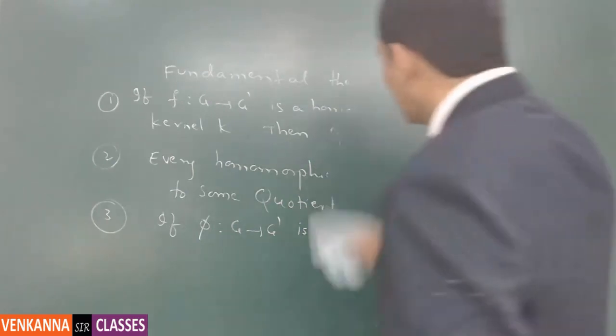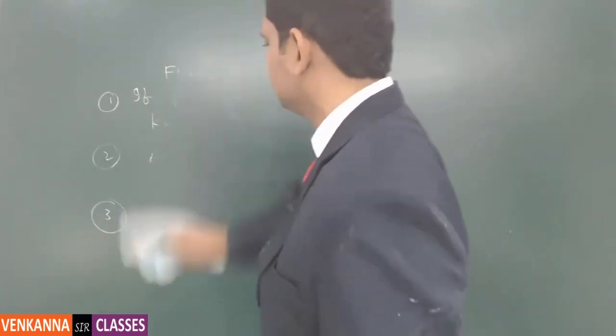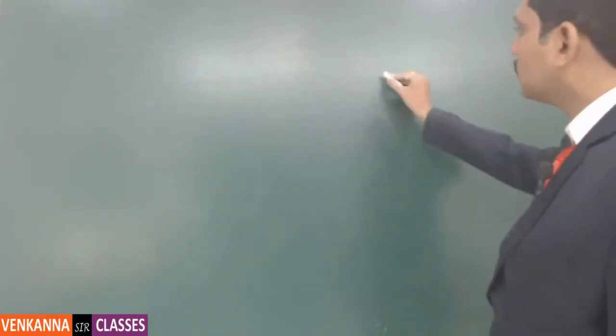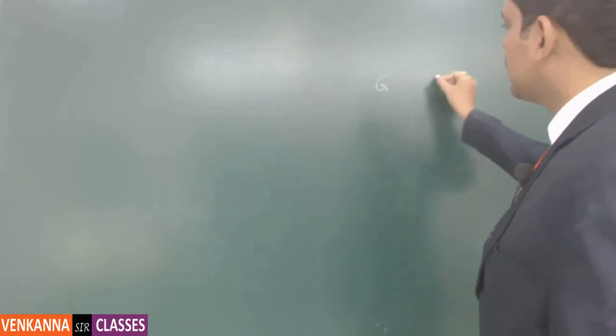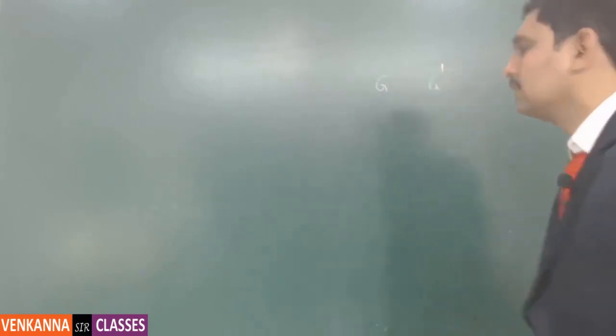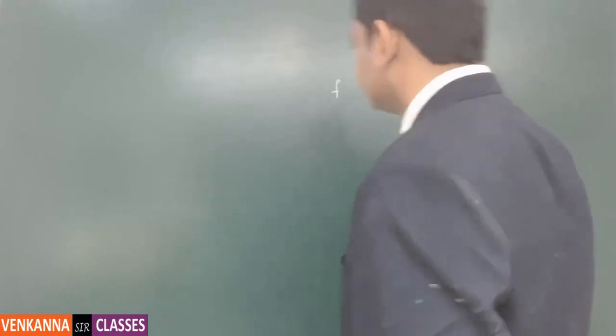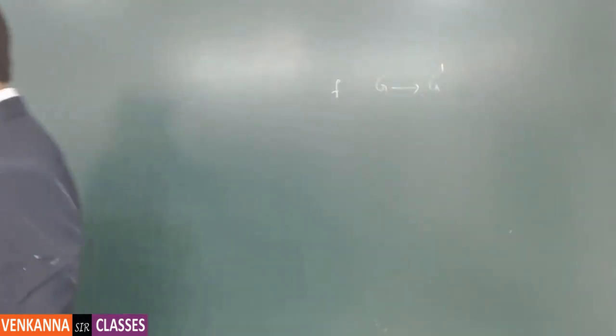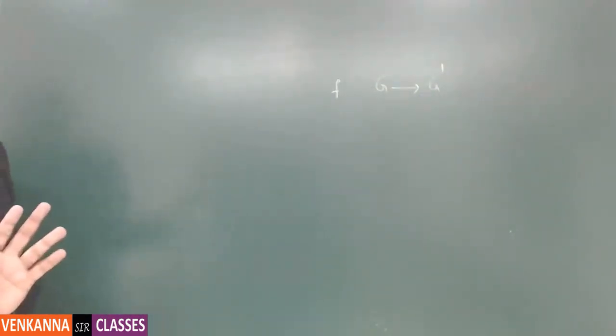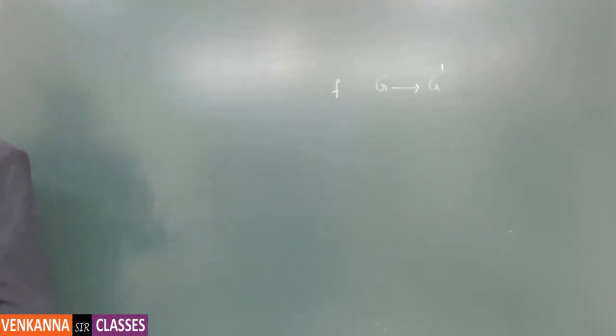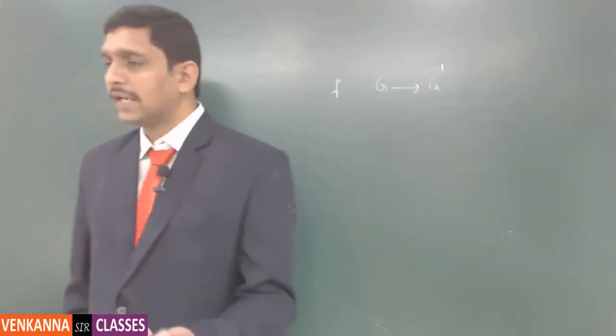So the outline is very simple. I took two groups, G and G dash. By default, I took a homomorphism F between them. Which sentence you want to write, I will dictate that, you can take a note of that.